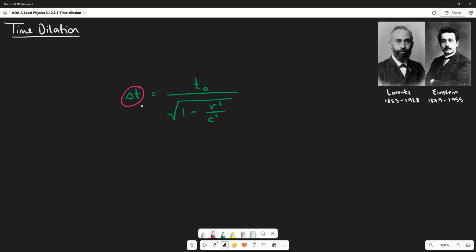Here we have the time dilation that's observed for that object, compared to the time that has passed for an object that is not moving. We call this proper time, the time that's passed for an object that is stationary. And we call this the dilated time.